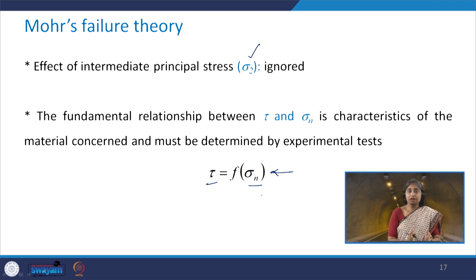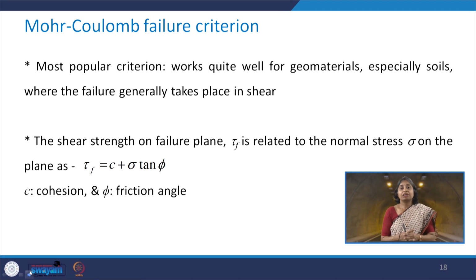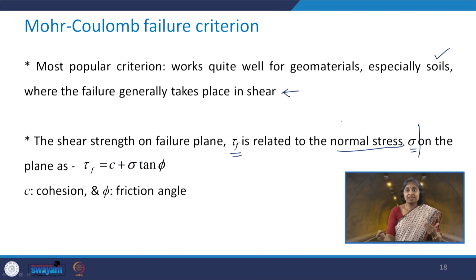Now, with this background, let us come to the Mohr-Coulomb failure criterion, most commonly used in geotechnical engineering. It works quite well for various geomaterials, especially for soils where the failure generally takes place in shear. So, the shear strength on the failure plane, tau f, is related to the normal stress sigma. See, up to this much it is Mohr's failure theory only, that is tau is equal to some function of sigma n.